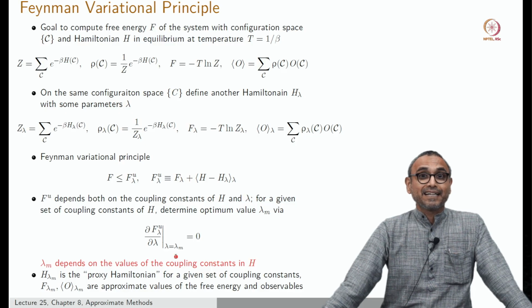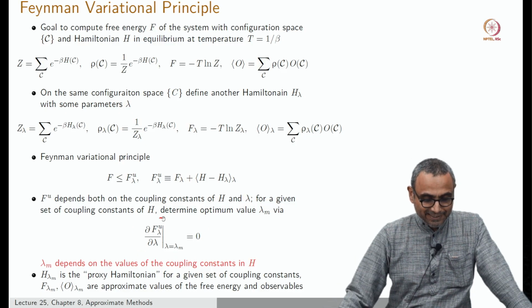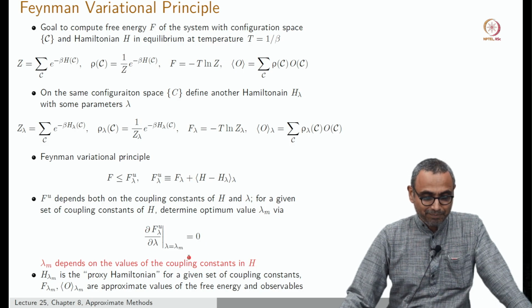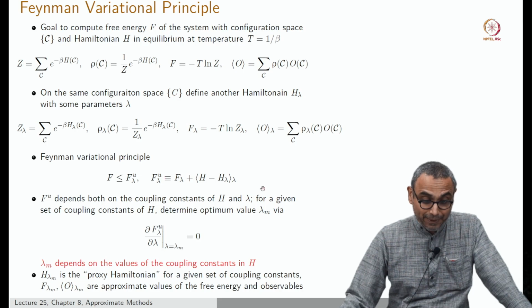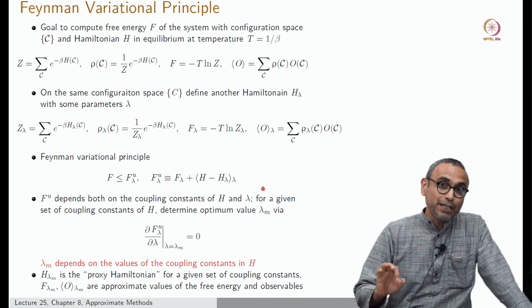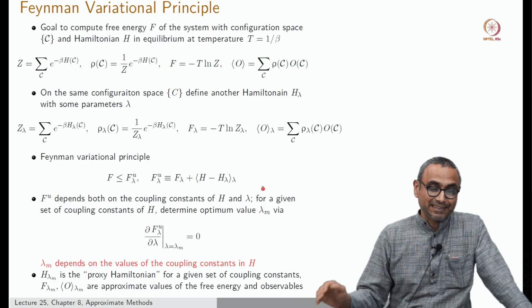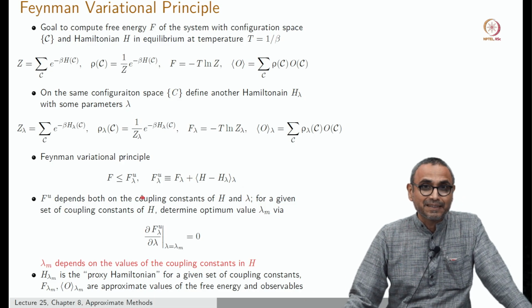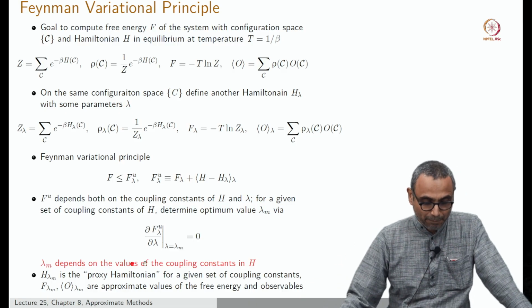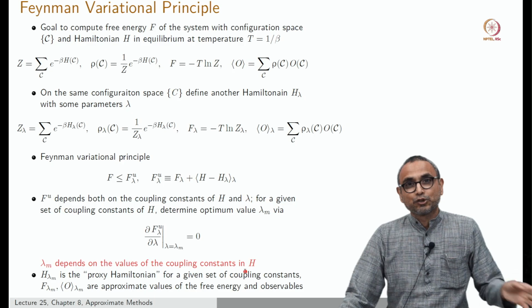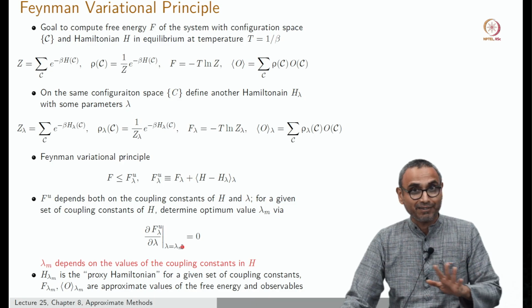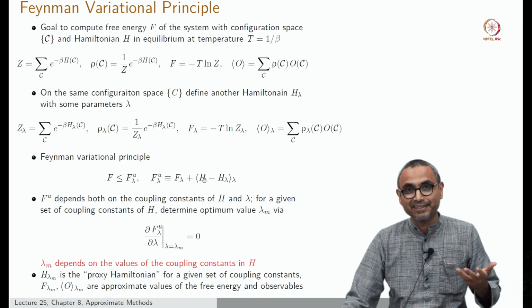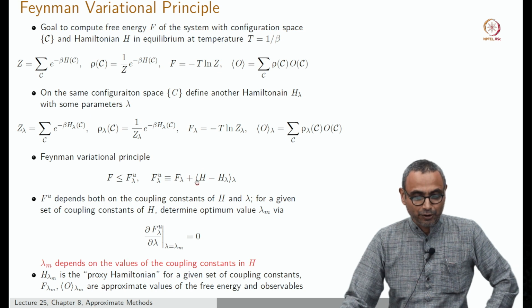So, the most important thing that you must observe is that when you solve this set of equations for finding lambda m, you will see that the coupling constants of our original Hamiltonian are present in this. So, the values of lambda at which this trial free energy is minimized will depend on the coupling constants in H. So if you give me a set of coupling constants of H, I will solve this set of equations non-perturbatively, by not assuming that any parameter in the given Hamiltonian is small.